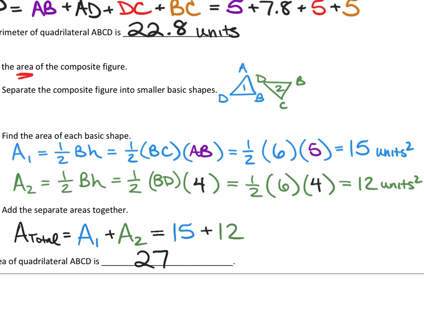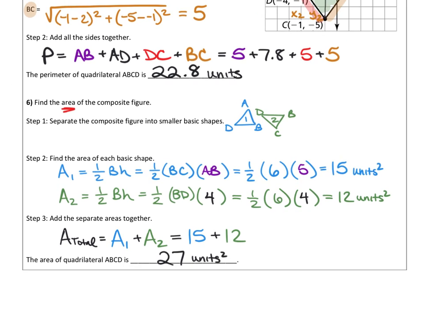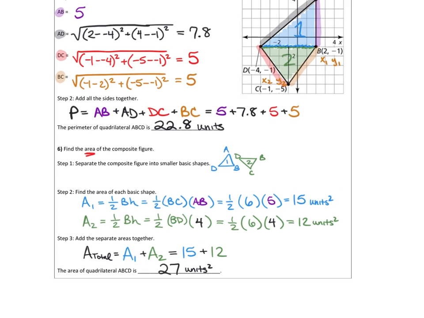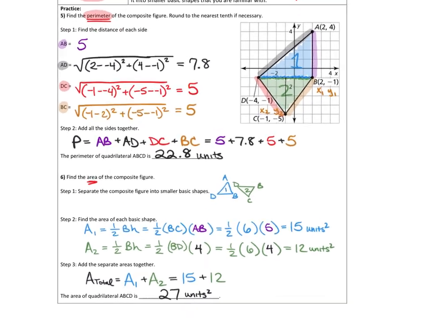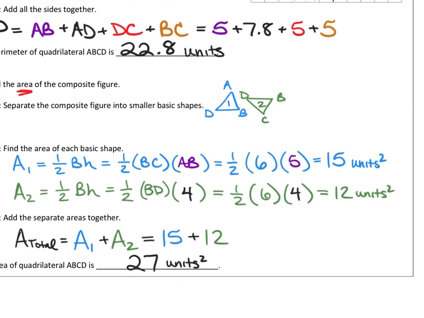What do we add at the end? Units squared, very good. Area is not that bad. Area of composite figures, we just need to be organized with our thoughts so we know what the two small shapes are. On a coordinate grid, take the easy road out. If it is a vertical or a horizontal line, just count. That way you don't have to do the distance formula. I'll stay zoomed in because I think I still see some people writing on this.